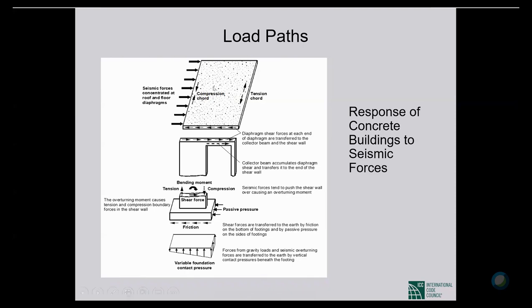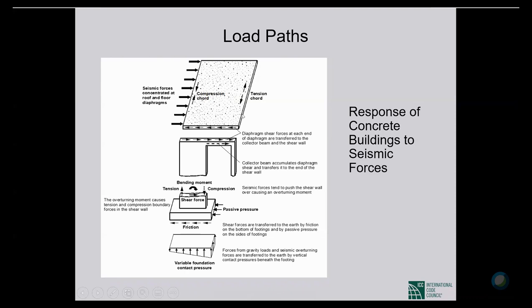So when this diaphragm is subject to lateral loading like this, this edge of the diaphragm will be in tension, this edge of the diaphragm will be in compression, and the edges of the diaphragm parallel to the earthquake forces will be in shear. Okay, I think you totally understand that. Concrete being weak in tension, we have to provide reinforcement along that edge, which is called chord reinforcement.